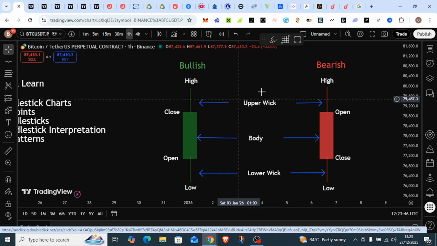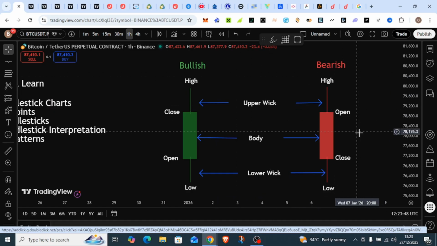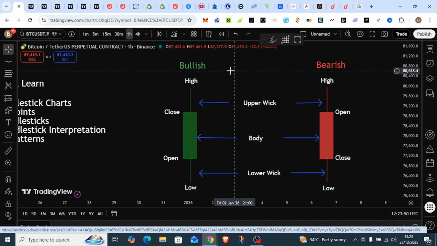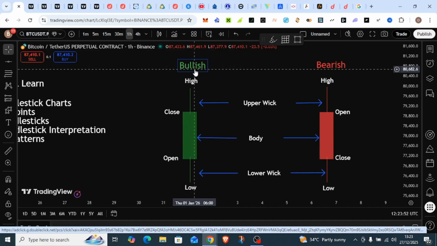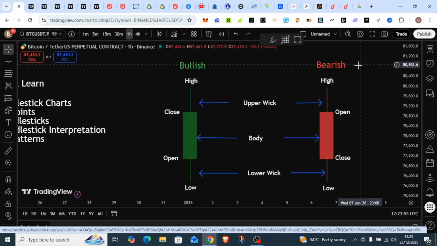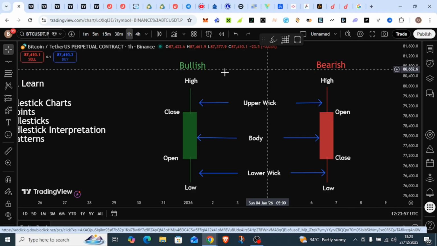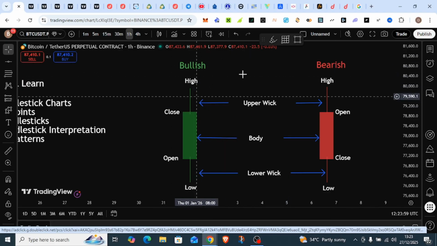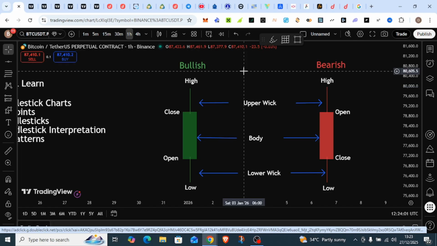In this structure here, we have the bullish candle and the bearish candle, and this is the anatomy of the candlestick. We are going to pick them one by one and interpret each point.